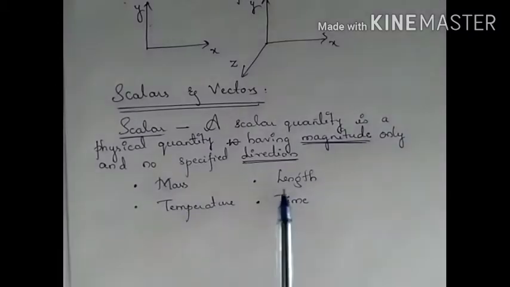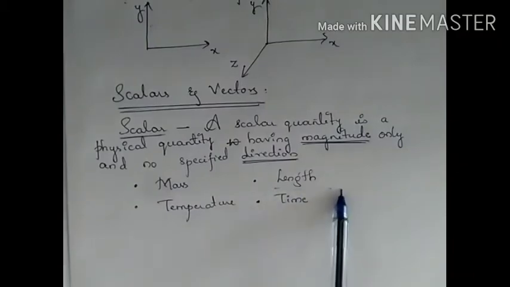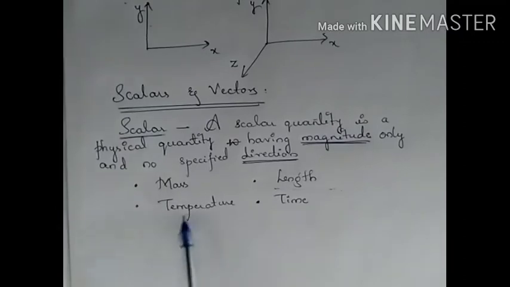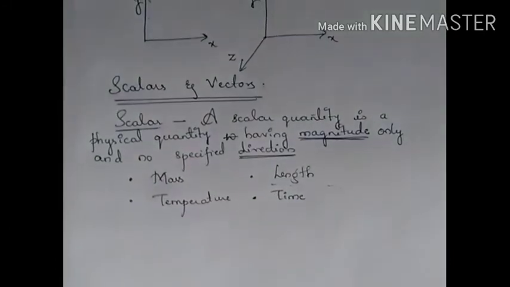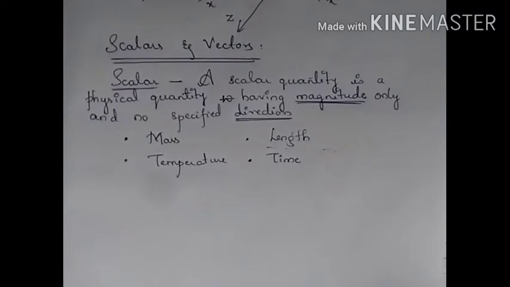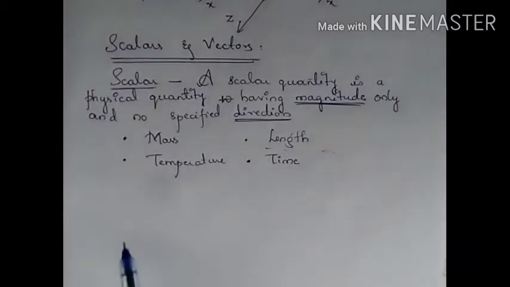The distance between two points, that is length, is a scalar quantity. The temperature of the room is again a scalar quantity. The mass of an object is a scalar quantity. Time is a scalar quantity. These quantities do not have a direction to specify them, so they are known as scalar quantities.